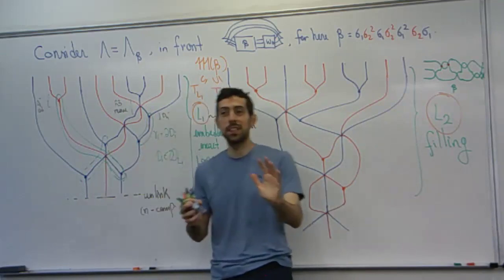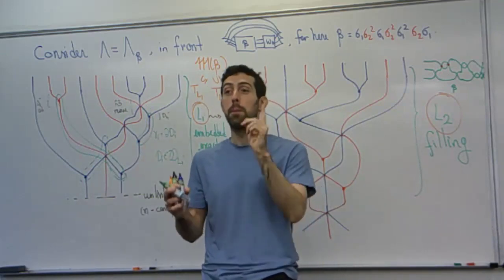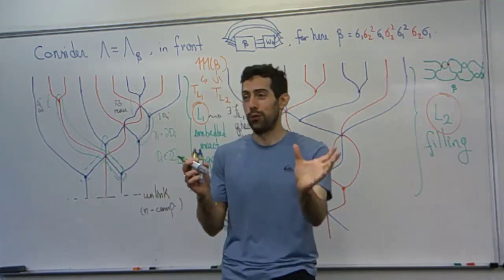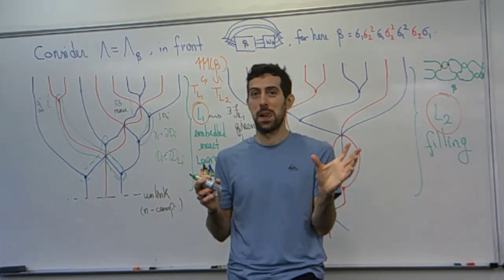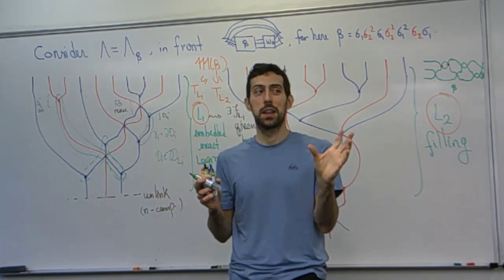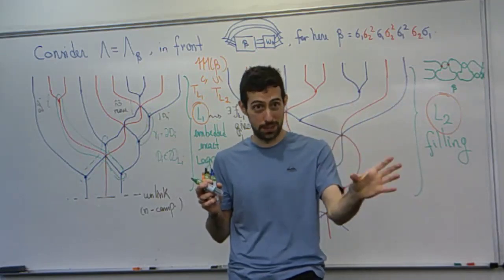Then now you have a basis of the first homology of the filling L. What can you do if you have a basis, by the way, that you couldn't do if you just had one curve of, say, H1 of L? You can take the Poincare dual of the basis.